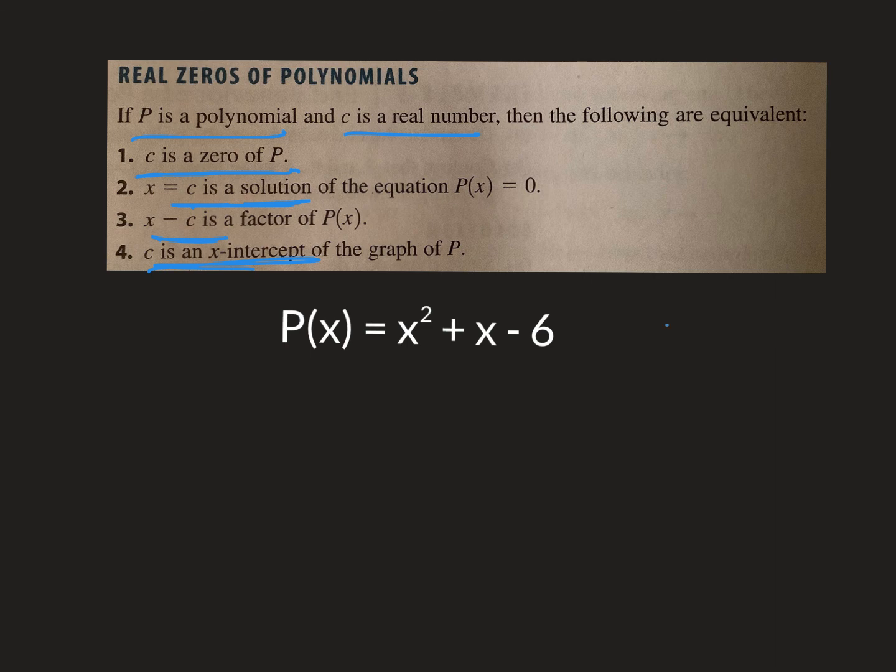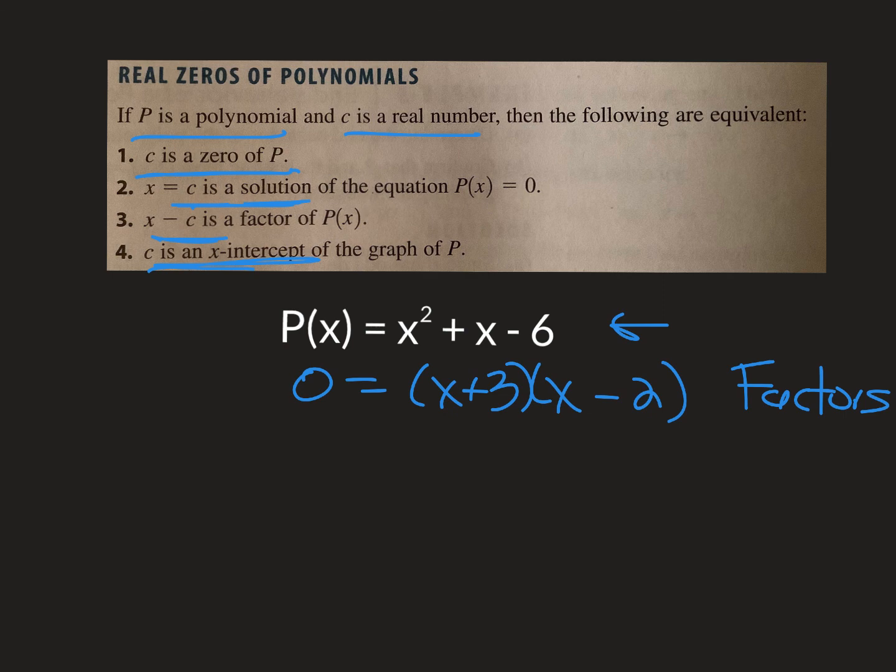Let's take the polynomial I have written down here. If I were to set that equal to 0 and factor it, I would get x plus 3, x minus 2. Now, those right there are called factors. That is what number 3 says right there. Those are factors, right? Zeros would be negative 3 and 2. Those are zeros. Now, because they solve the equation, they're also solutions.